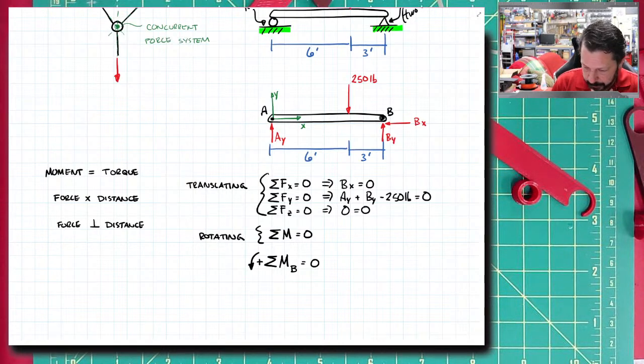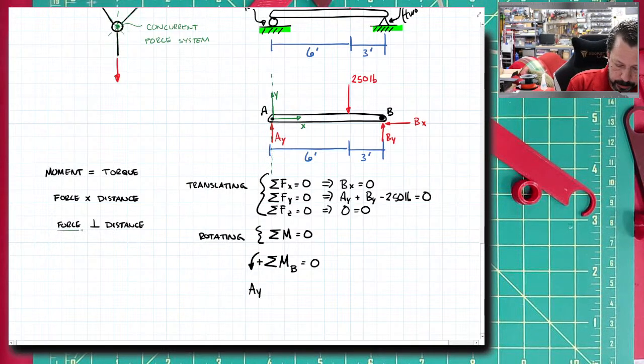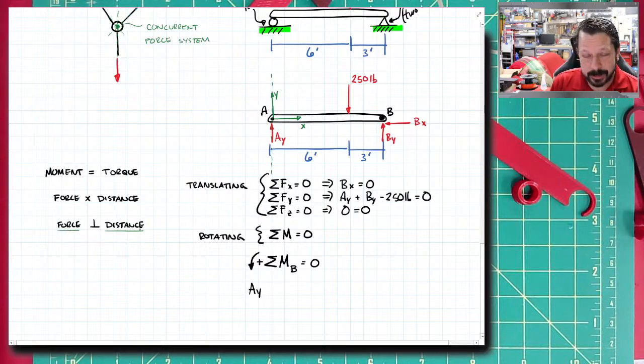So, start with AY. AY has a line of action that is vertical, and I said that the force and the distance have to be perpendicular to each other. So if the force has a vertical line of action, perpendicular to that is horizontal. So the horizontal distance between the line of action for AY and point B is 9 feet. So I multiply AY times 9 feet. Then I have to say if this term is positive or negative.